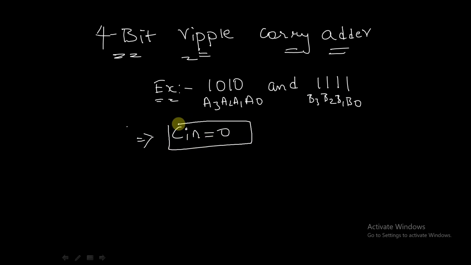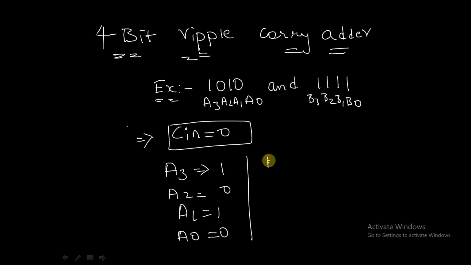Here a3 is the MSB, which is equal to 1, a2 is equal to 0, a1 is equal to 1, and a0 is equal to 0. Whereas here b3 is the MSB, which is equal to 1, b2 is equal to 1, b1 is equal to 1, and b0 is equal to 0.